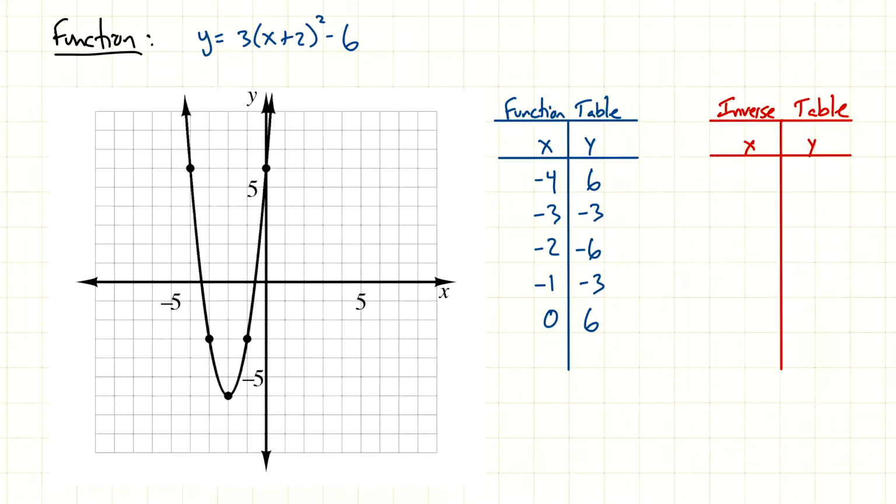All right, so let's create our inverse table by copying those points over, swapping our x's and y's. So this is going to be 6, -4, -3, -3, -6, -2, -3, and -1. All right, and then 6, 0 is the last point.